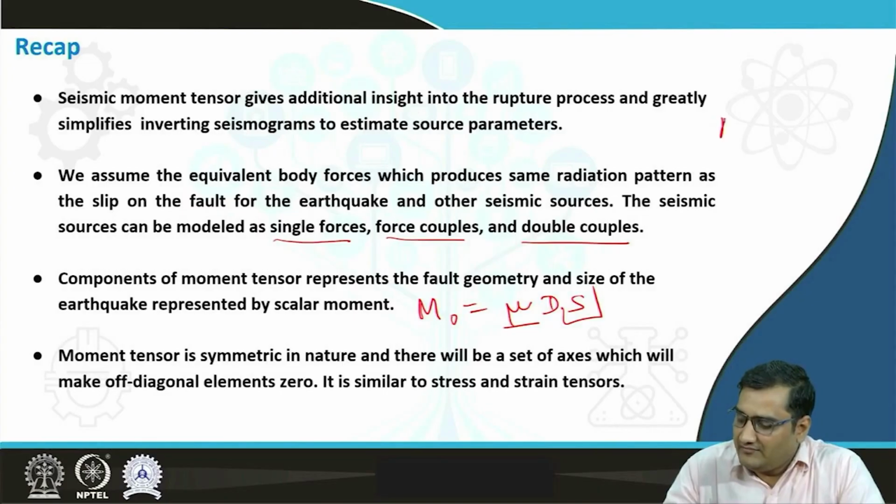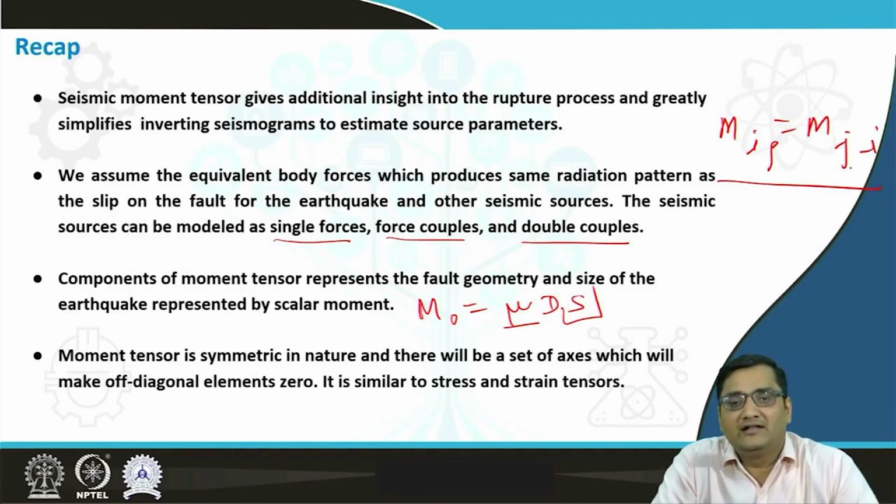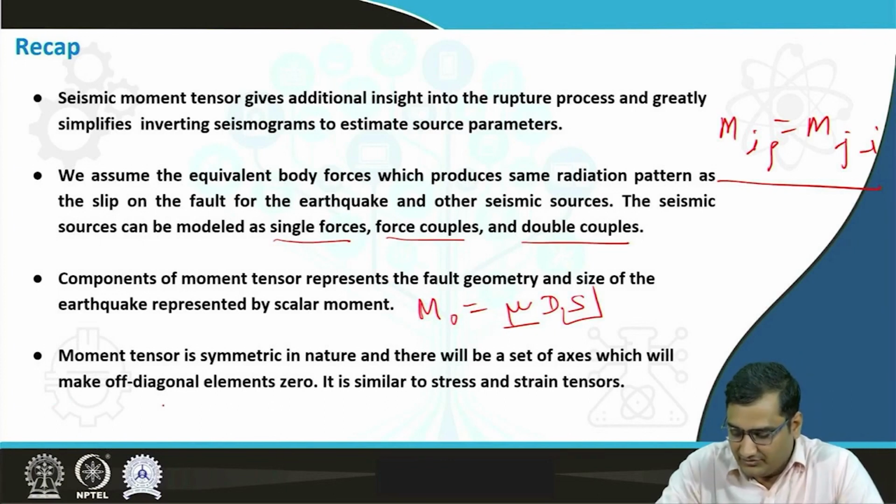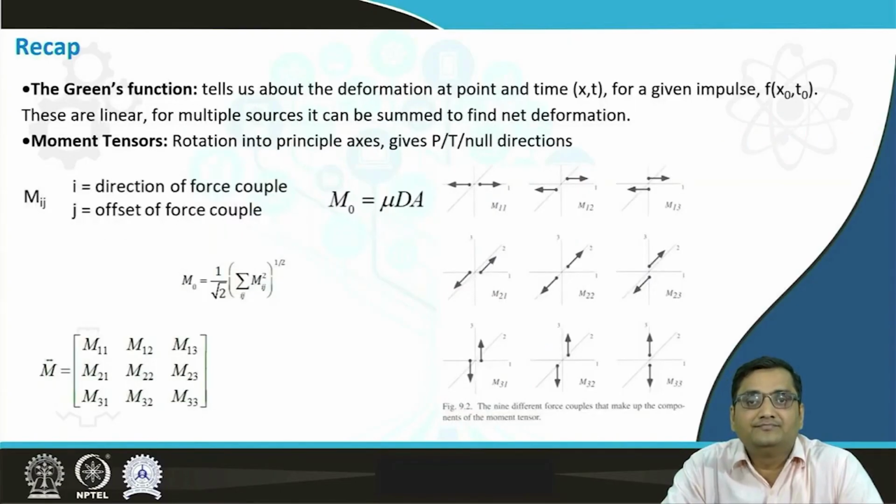That means Mij will be equal to Mji, so that you can keep the net torque zero, and there will be a set of axes which will make the off-diagonal elements zero. It is similar to the stress and strain tensors.